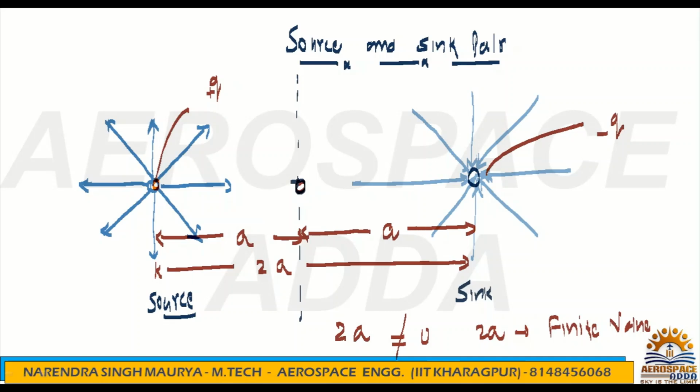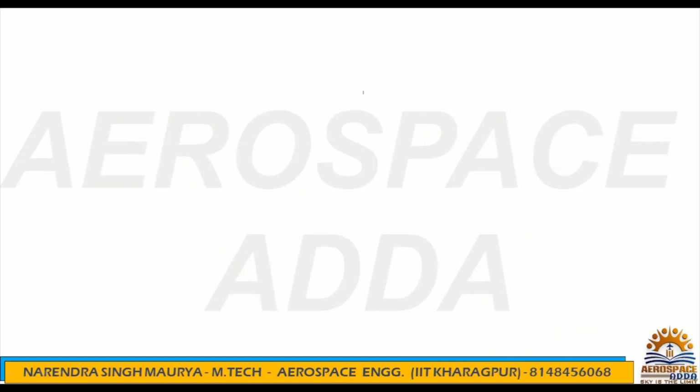Once you superimpose these two different flows, source and sink, which we have separately, and both are at distance 2a, then what will happen? From the origin it's at equal distance, so once I superimpose, the flow will be something like this.